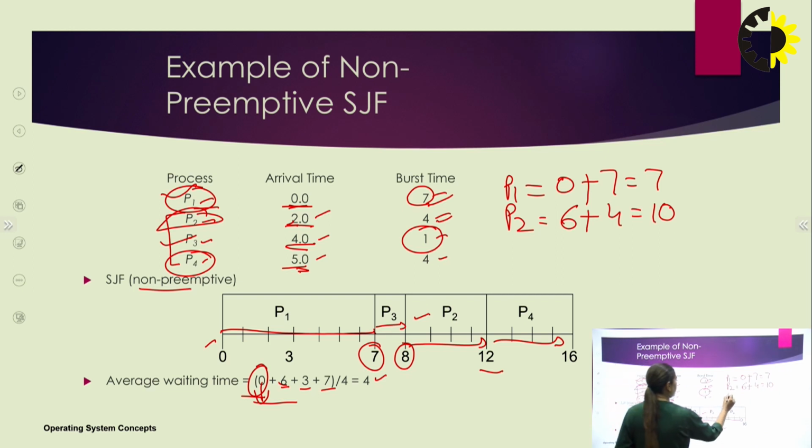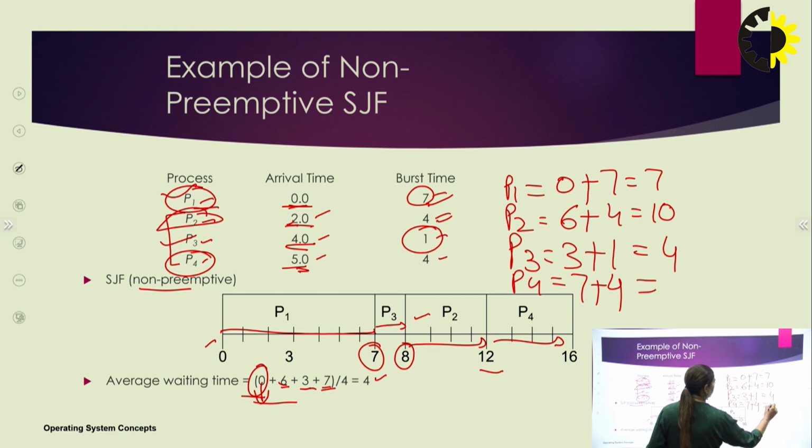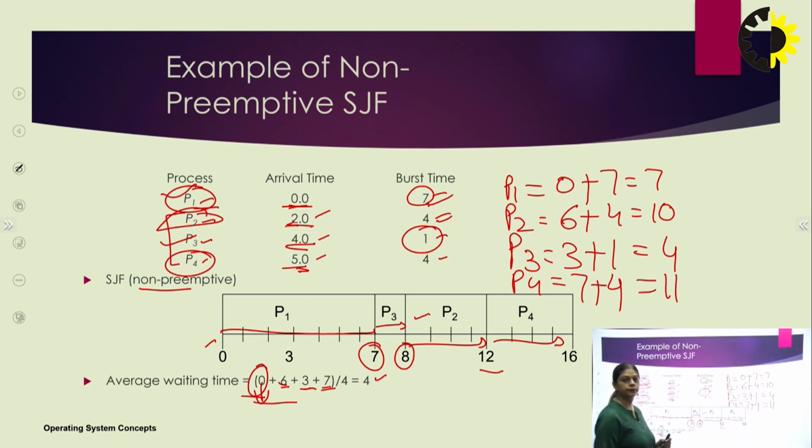And for P3, waiting time is 3, burst time is 1, so 4. For P4, waiting time is 7 and burst time is 4, so 11. This is the turnaround time for each process.